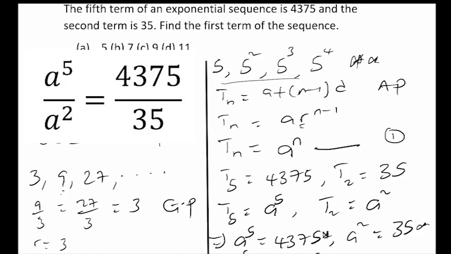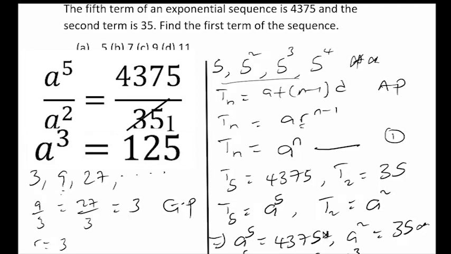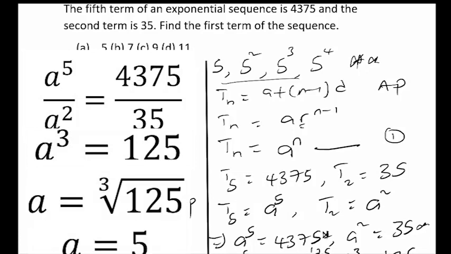This gives us a raised to the power 3, which equals 125. Therefore, a equals the cube root of 125, which equals 5. So our a equals 5.